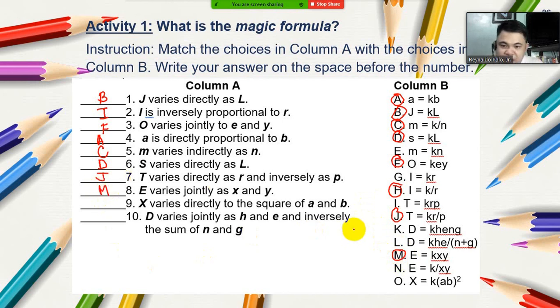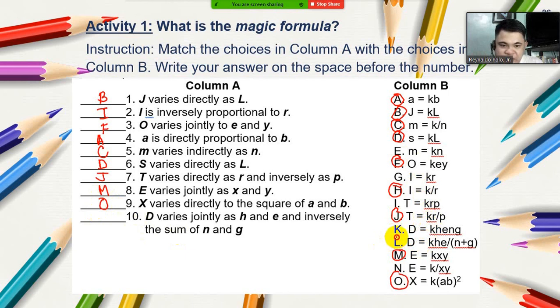Next, number 9, X varies directly to the square of A and B. The correct answer is letter O. X is equal to K times the square of AB. Let's have the last item. Number 10, D varies jointly as H and E and inversely to the sum of N and G. This is an example of combined variation because it's a combination of joint and inverse variation.